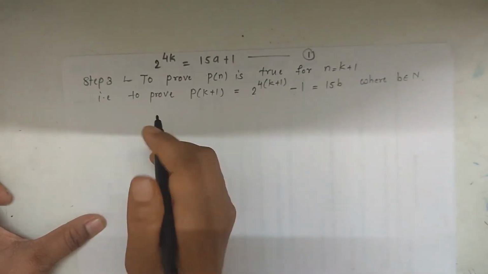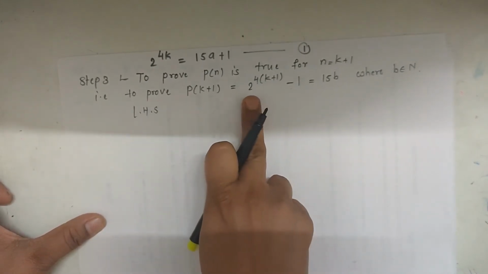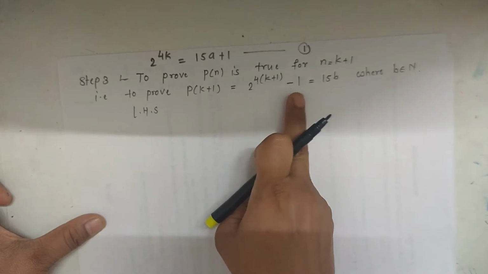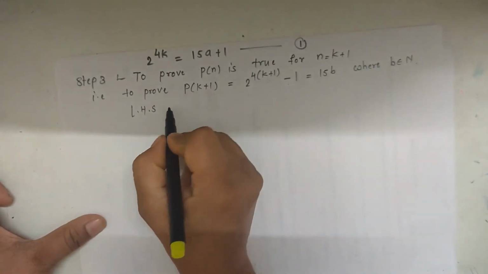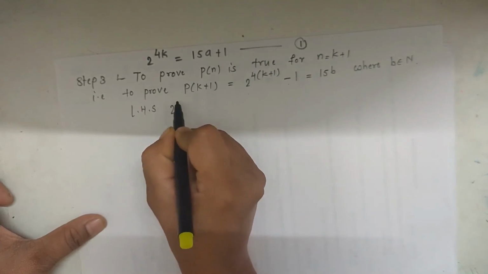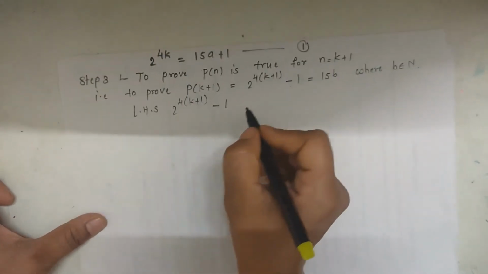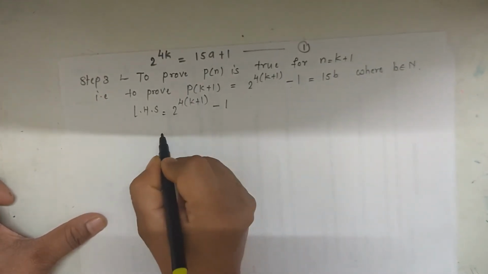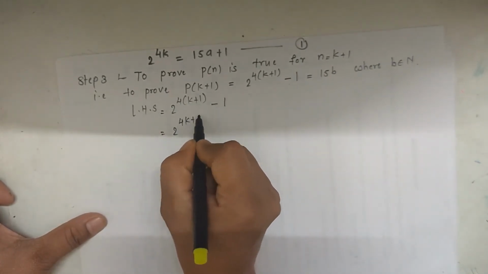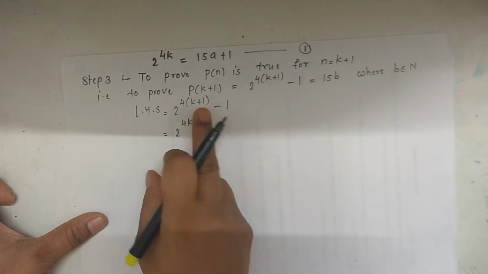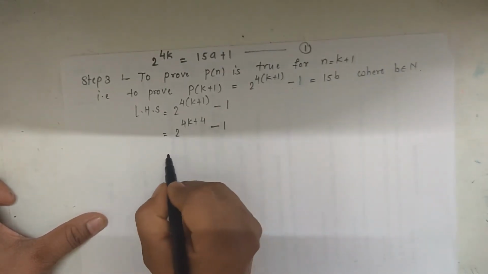For proving this, consider the LHS of this k plus 1 statement. Here LHS is 2 raised to 4 into k plus 1 minus 1 and RHS is 15b. Multiplying 4 to each term in the bracket, the LHS can be written as 2 raised to 4k plus 4 minus 1.